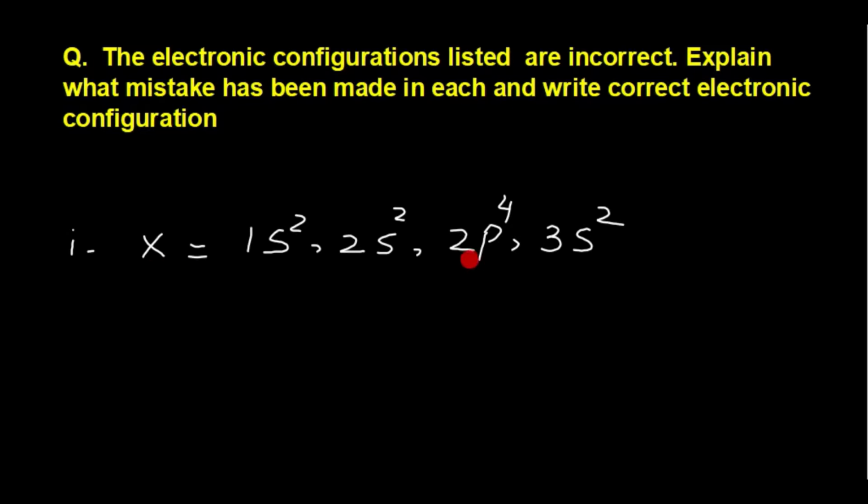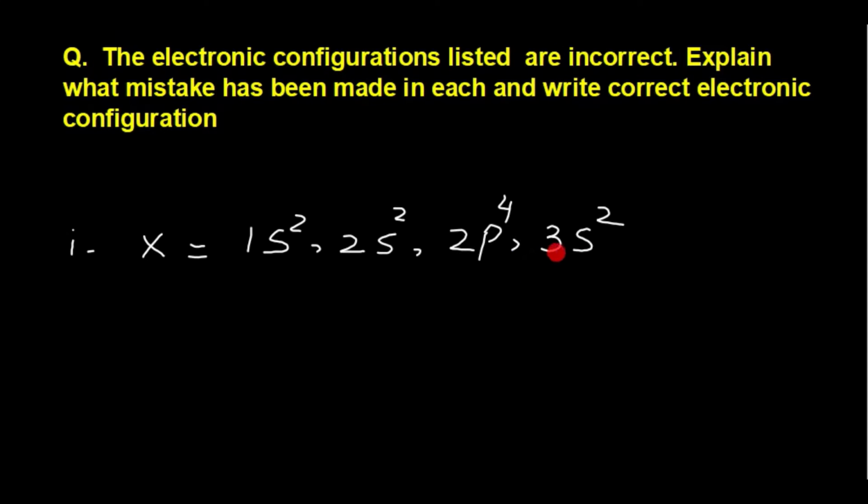Here 2p is partially filled. We know what is the maximum capacity of p. P can accommodate maximum number of 6 electrons. Here p is partially filled and electrons fill in the next sub-energy level, that is in 3s. This is the mistake.